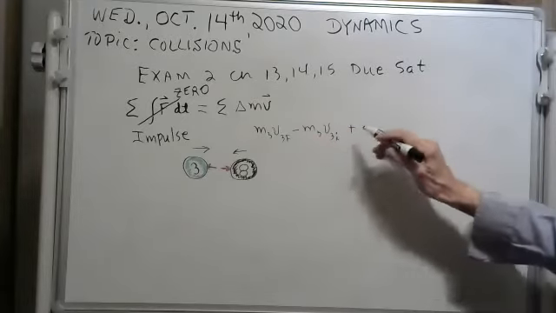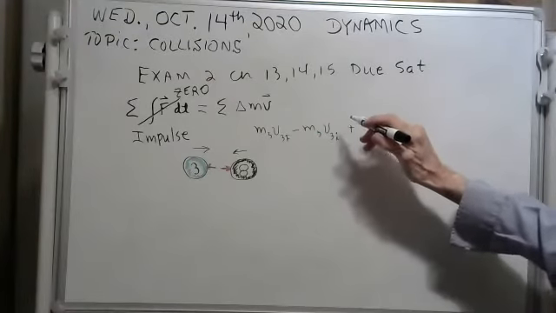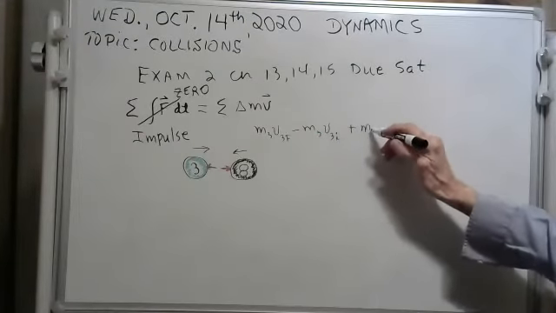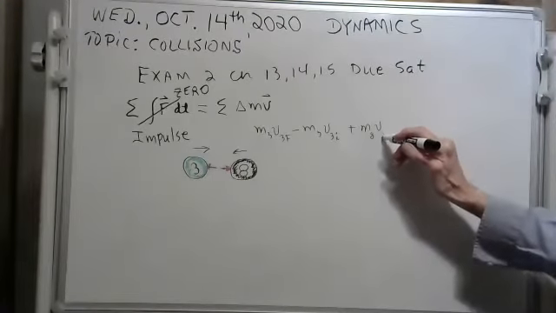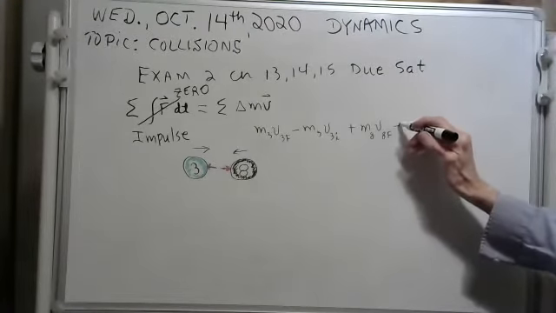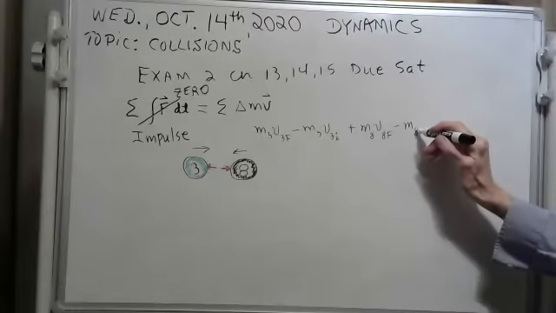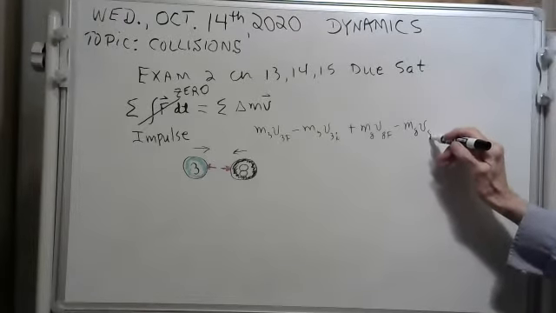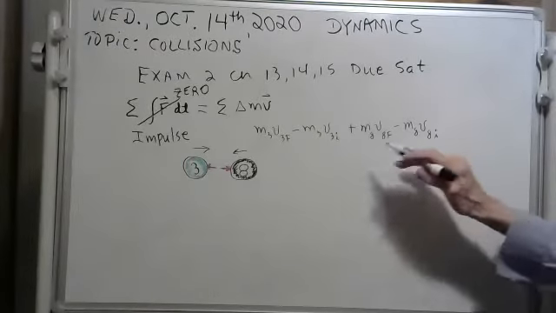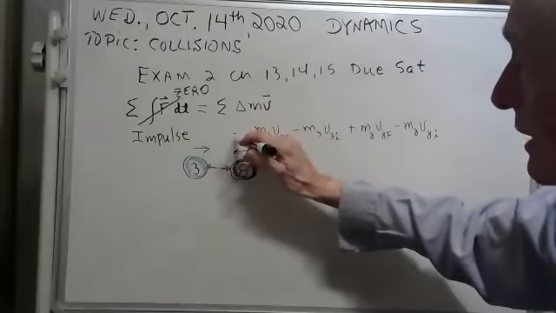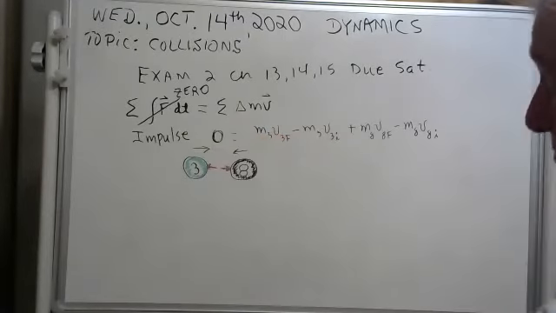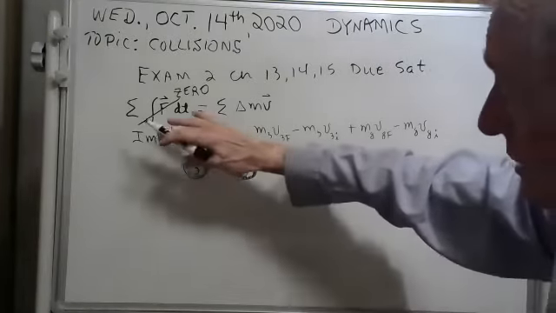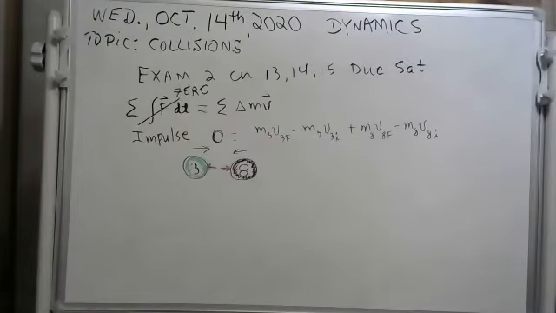Now the change in momentum of the 8-ball is the mass of the 8-ball times the final velocity of the 8-ball minus the mass of the 8-ball times the initial velocity of the 8-ball. And all of that is going to equal 0 because the left-hand side of this equation is 0.